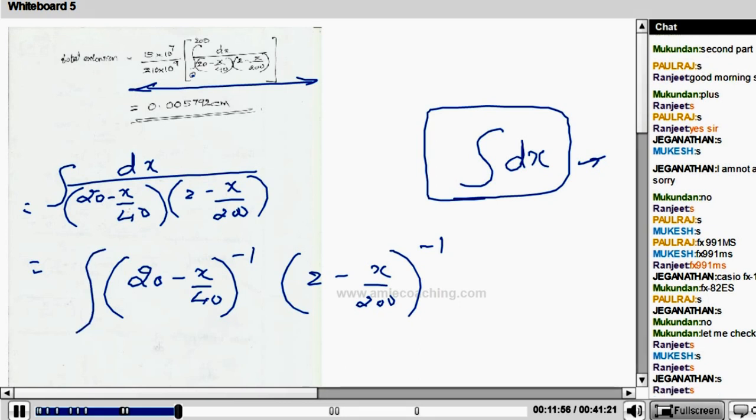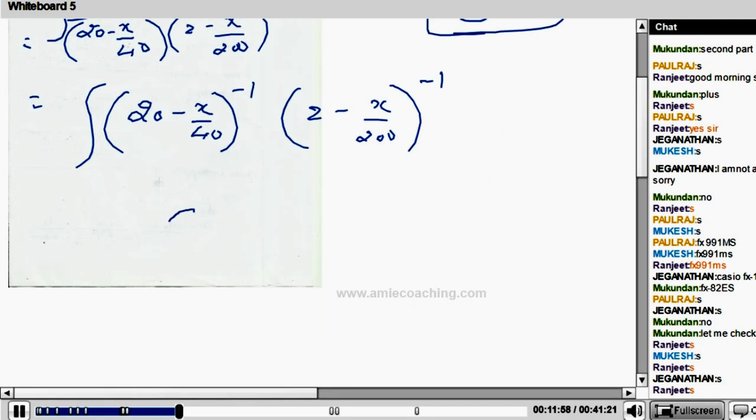Here, how to type it on the calculator: first of all, press the integral dx button, and then integral dx will appear like this, but don't do it now. This is an inbuilt symbol and an inbuilt bracket; no need of closing this bracket.